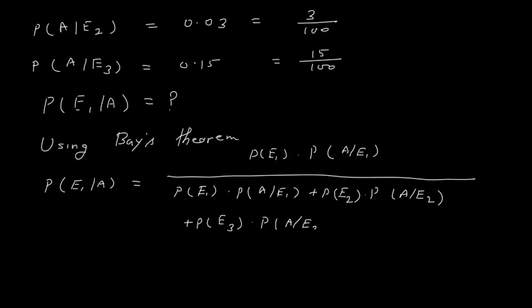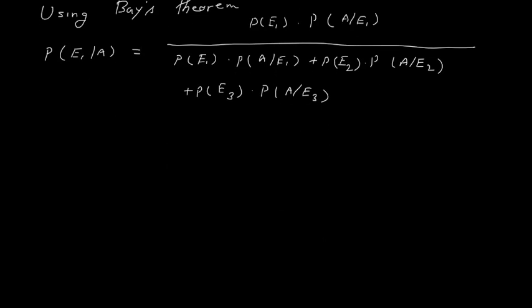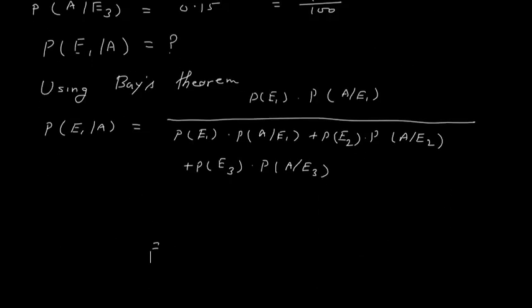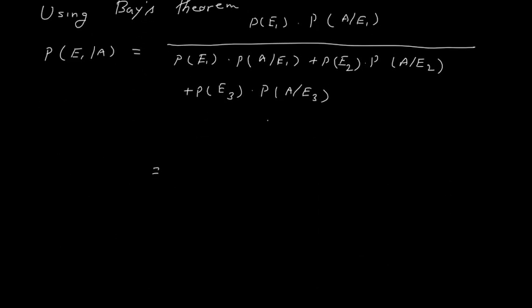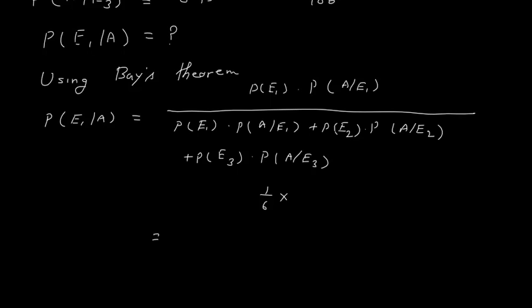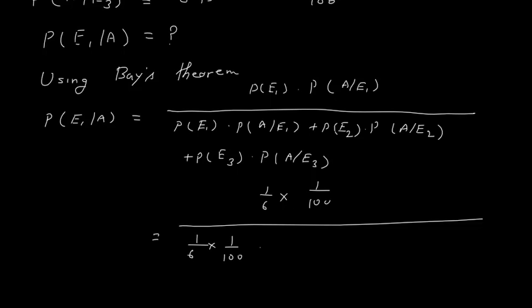So possibility of E1 is 1 by 6, so it is 1 divided by 6 multiplied by possibility of A by E1, which is 1 upon 100, whole divided by, here we have 1 by 6 into 1 divided by 100, plus possibility of E2.